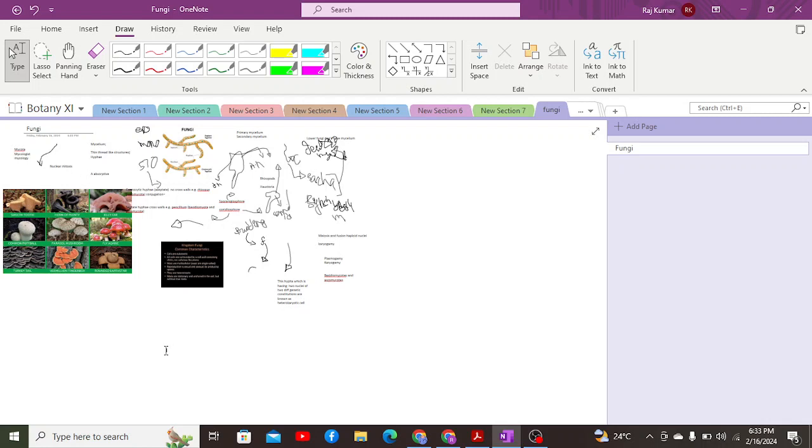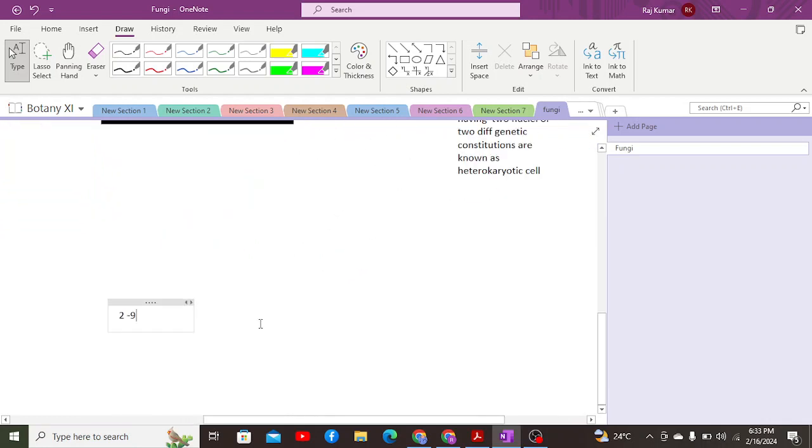by the formation of resistant spores. Moreover, they can survive a pH of 2 to 9. They can also survive high temperature as well as high osmotic pressure.